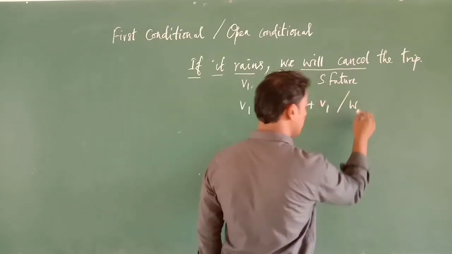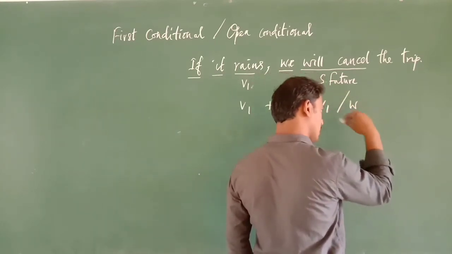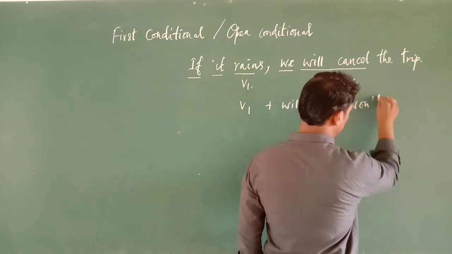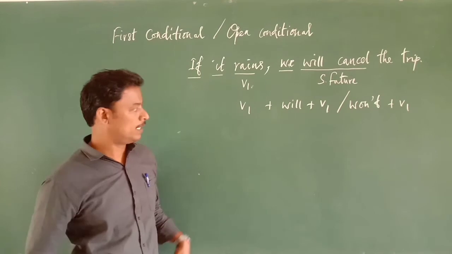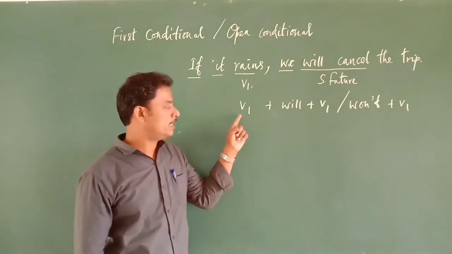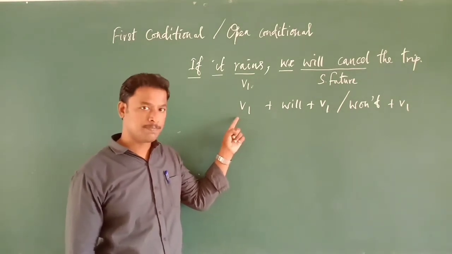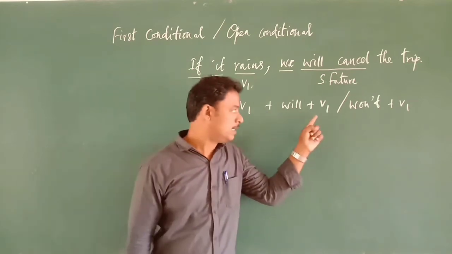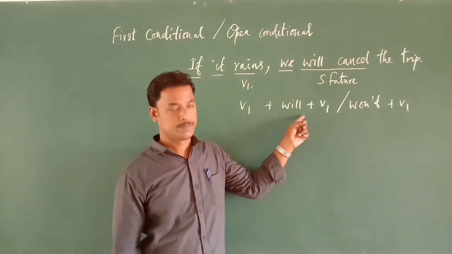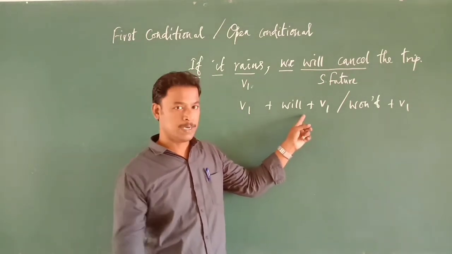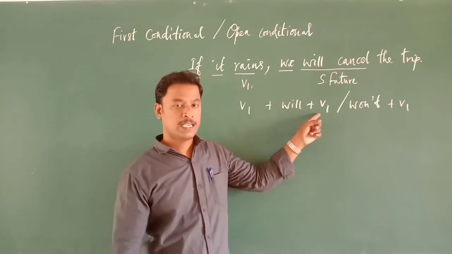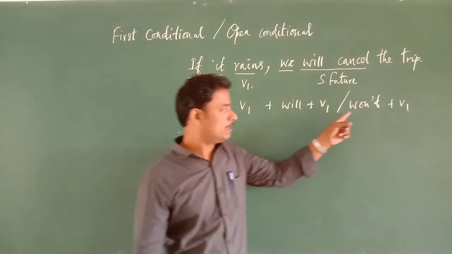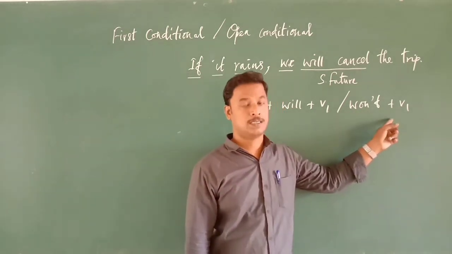If the result is negative, the pattern is won't plus verb 1. Analyze this. The subordinating clause must have the present simple verb and the result must have the future simple. That is, if the result is positive, the verb pattern is will plus verb 1. If the result is negative, the verb pattern is won't plus verb 1.